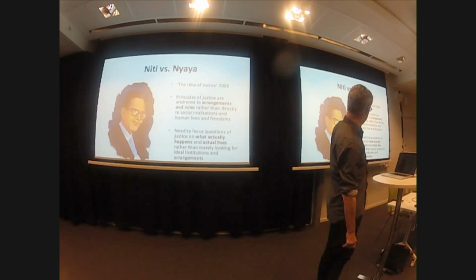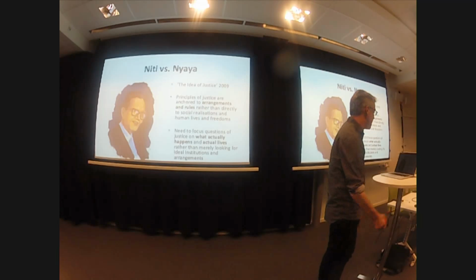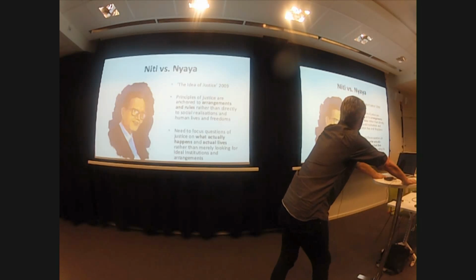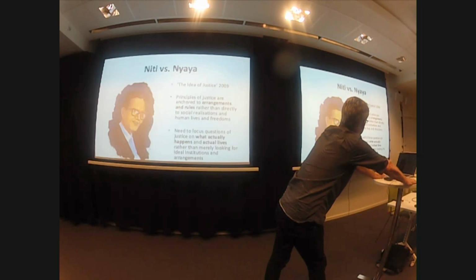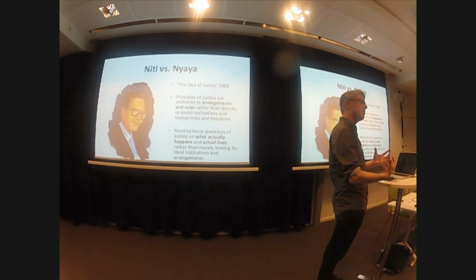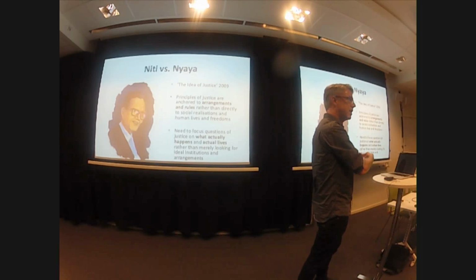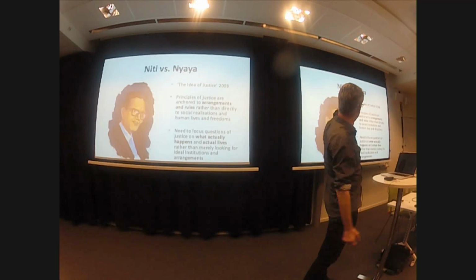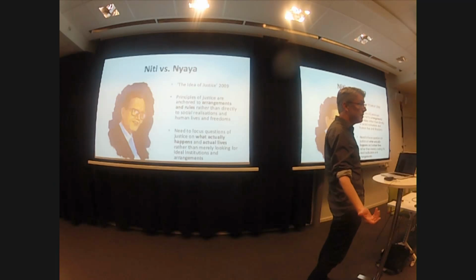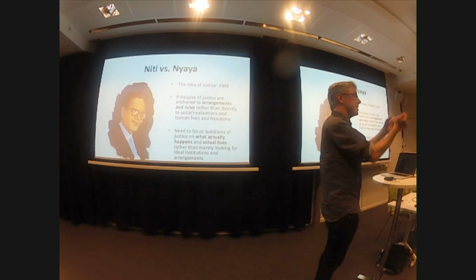This is Amartya Sen, the Indian philosopher of social justice and big inspiration at the UN with the UN Declaration of Human Rights. And I think it was you, Ole, when you were talking about culture, and you said something in particular about people versus information. Sen says it's Niti versus Nyaya, which is, yeah, you said systems.